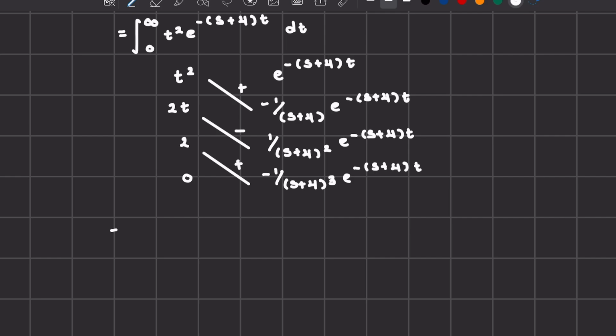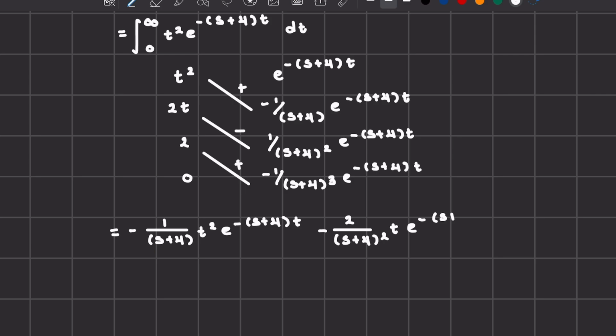Let's just rewrite it down here. Multiply t squared by negative 1 over s plus 4 times e to the negative s plus 4 times t gives us negative 1 over s plus 4 t squared e to the negative s plus 4 times t, minus, let's just plug in the 2 because it's 2 times 1 over s plus 4 squared times e to the negative s plus 4 times t, gives us 2 over s plus 4 squared times t and also times e to the negative s plus 4 times t.